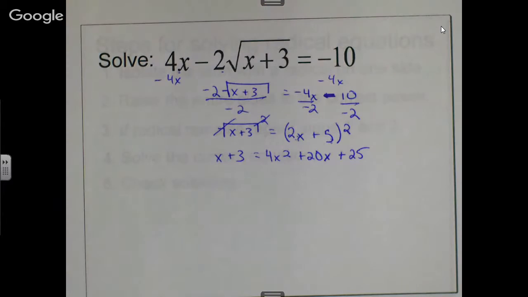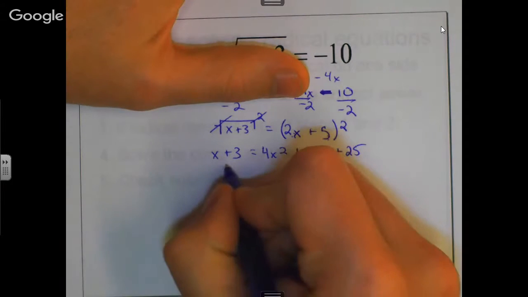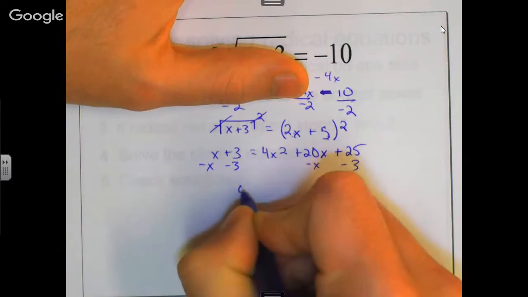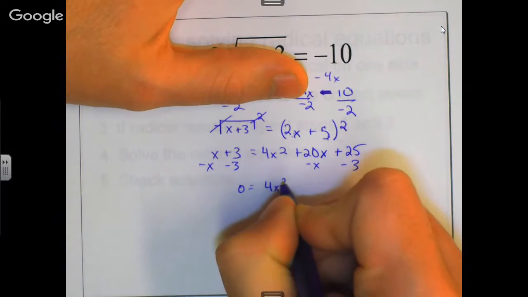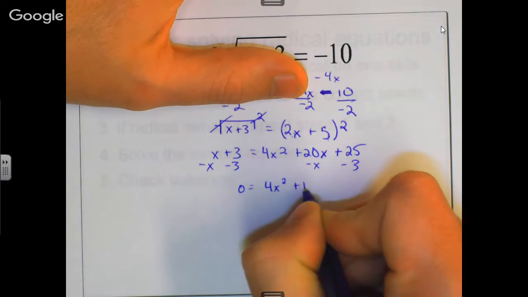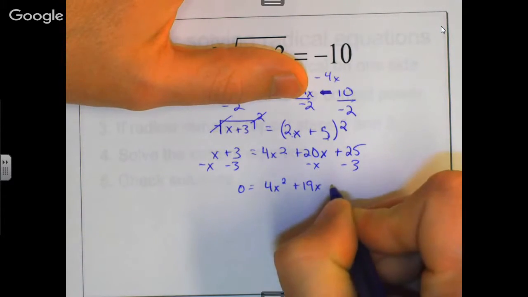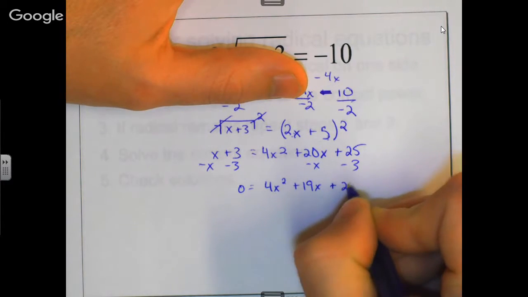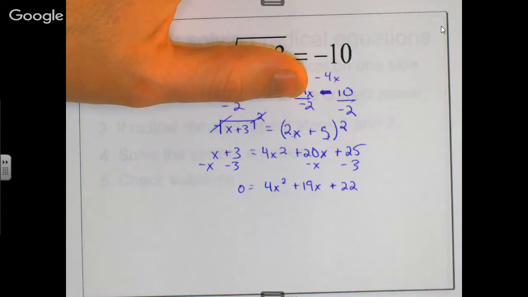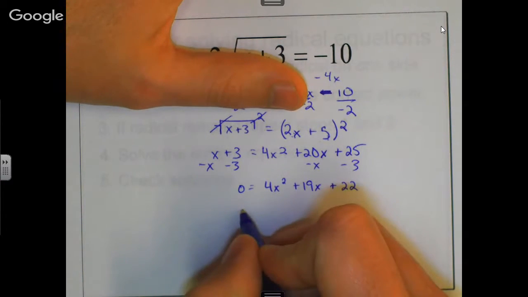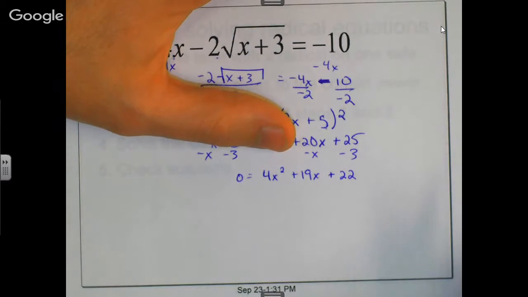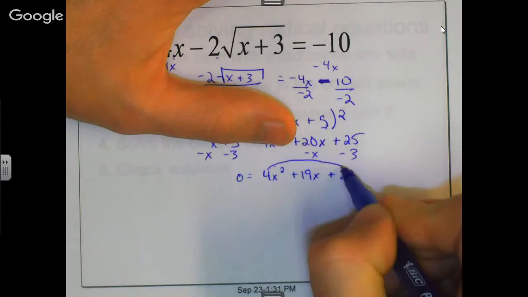Again, you should notice we have a quadratic, so we will get everything to one side. 4x squared plus 19x plus 22. Quadratic formula, you might... actually I think this one does rainbow, so let's try rainbow because I think we need some refresher there.